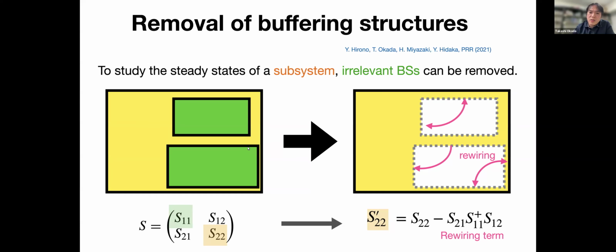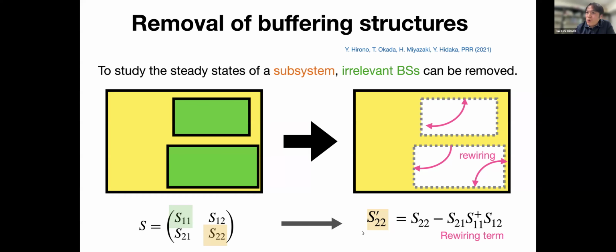And to maintain the consistency about steady states, we need to add some correction term. Here, I call it rewiring. So you need to introduce some rewiring around the boundaries of the parts you removed.